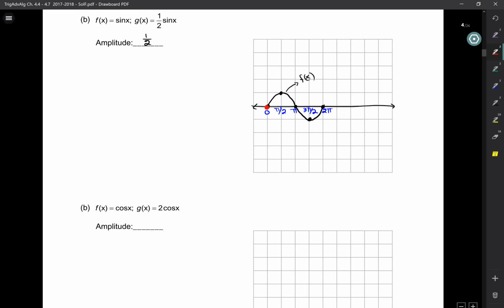From here I go just a half, and then 0, just a half, and then 0. Okay? So that's a tiny little amplitude.